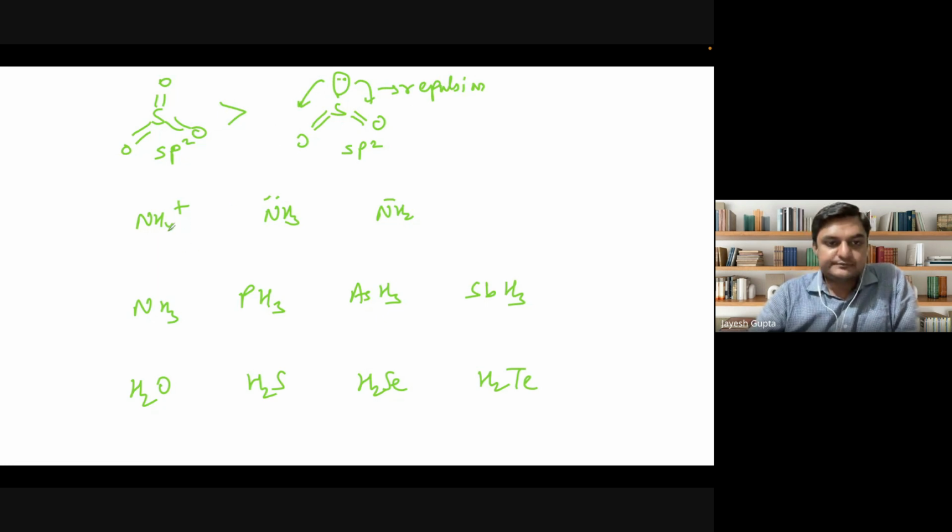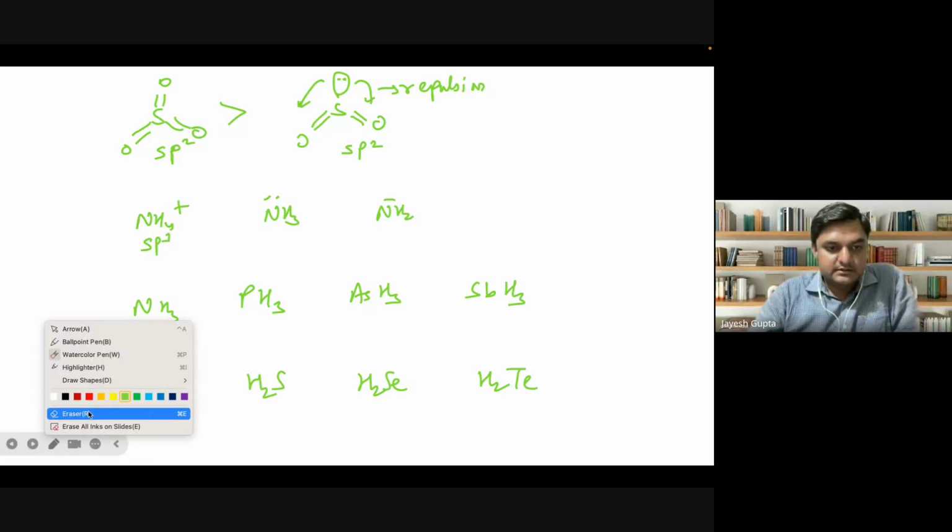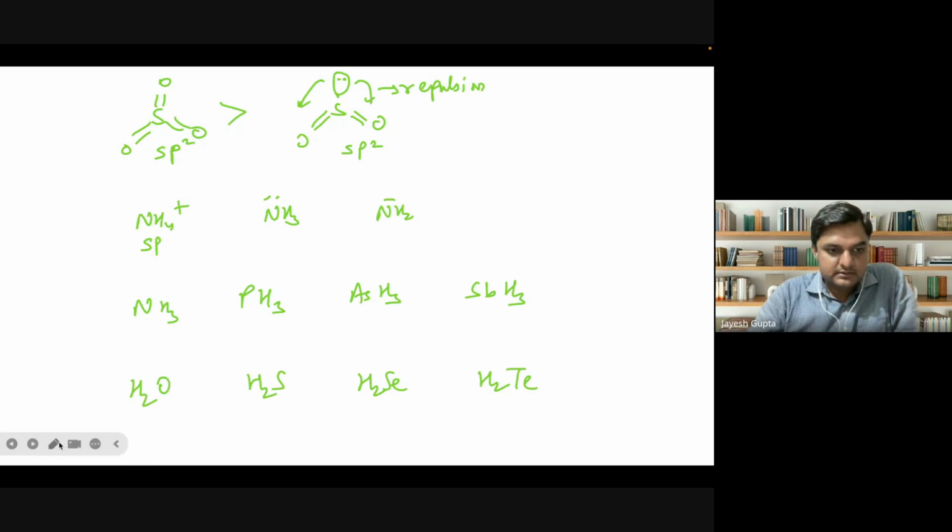Now next, again the same thing. First find hybridization: sp3, here also sp3, and here also sp3.